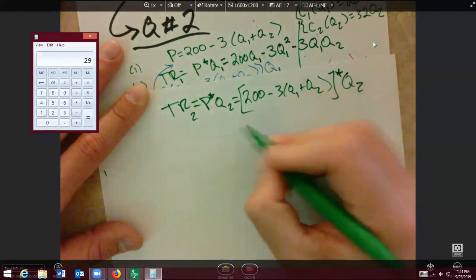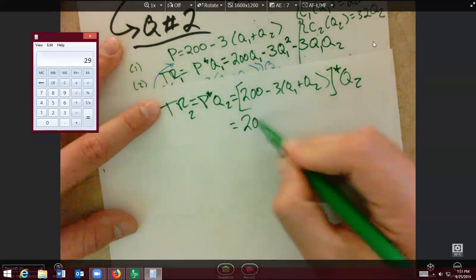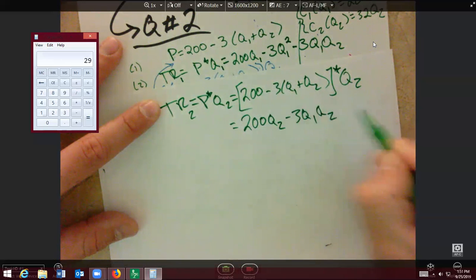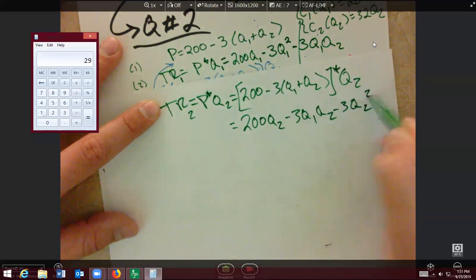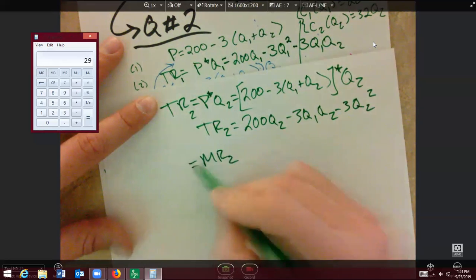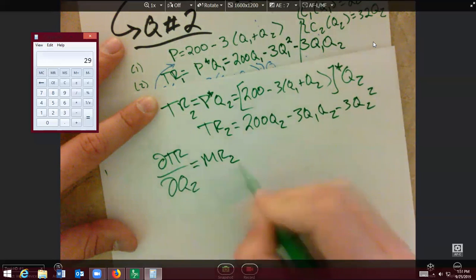I'm not going to walk us through the steps again, but we end up with 200Q2 minus 3Q1Q2 minus 3Q2 squared. So that is our total revenue 2. To take our marginal revenue 2, we're going to take the partial derivative with respect to quantity 2, right? Because it's marginal revenue 2.